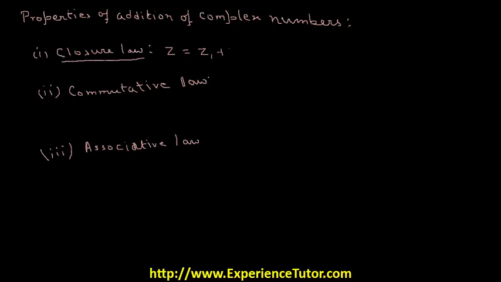Now commutative law. According to commutative law, if z1 and z2 are two complex numbers, then z1 plus z2 will be equal to z2 plus z1.